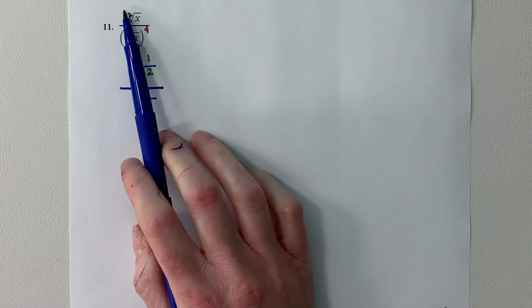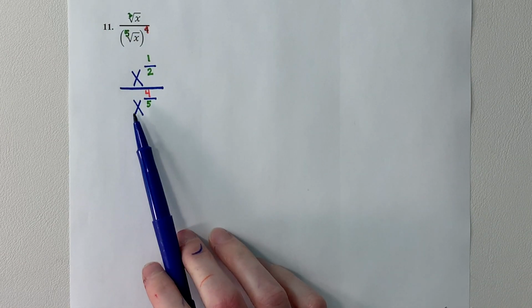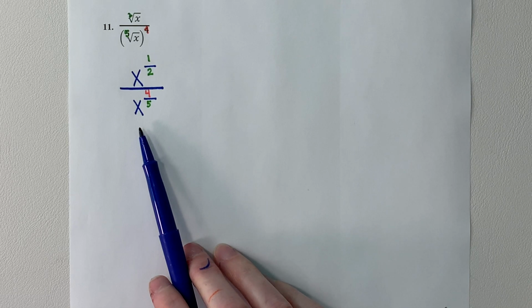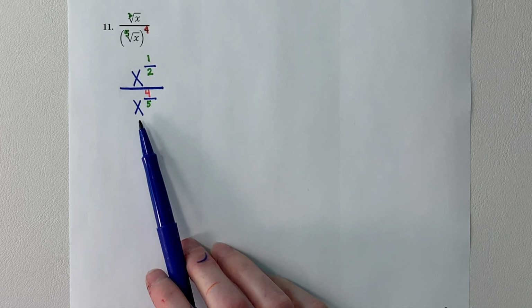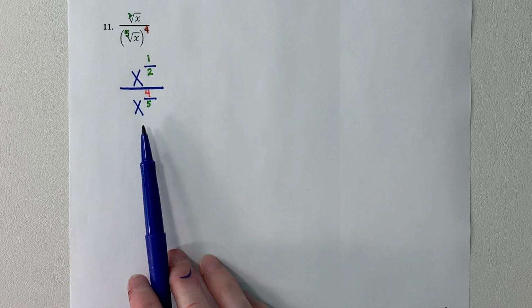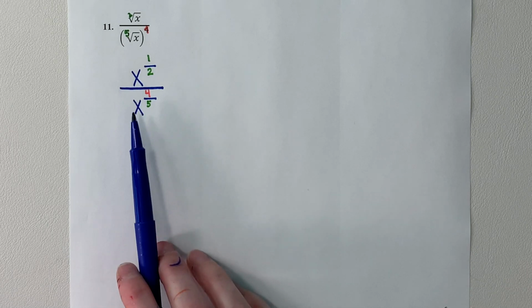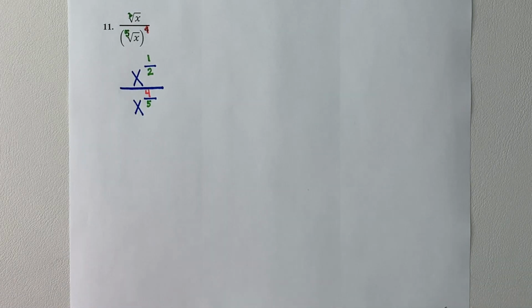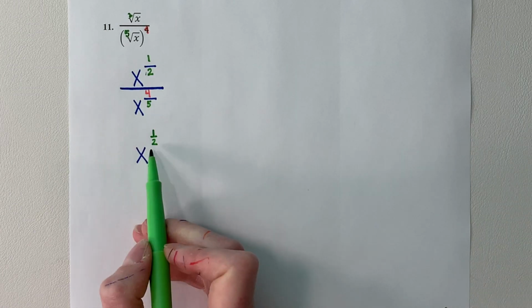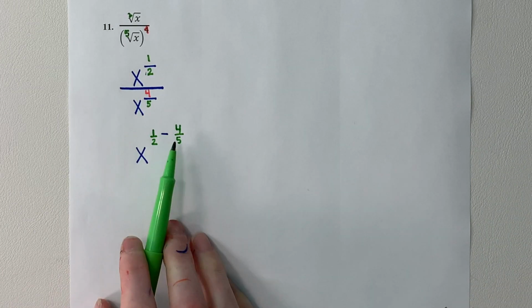Now we've rewritten this using rational exponents, but we still need to simplify because the base x should appear only once when it's fully simplified. To simplify this, we can use the quotient rule of exponents, which says when you're dividing two quantities with the same base, you keep the base, and then we subtract the exponents. So we'll take 1/2 and subtract 4/5.